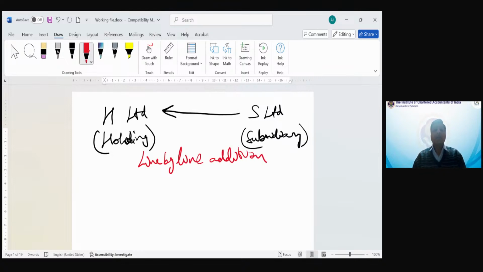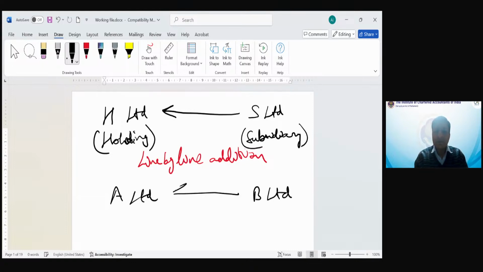Okay. But in the given scenario, when we have A Limited and B Limited, wherein B Limited is an associate, for this consolidation, A Limited will not follow line by line addition. Okay, so that appears to be a point of confusion.